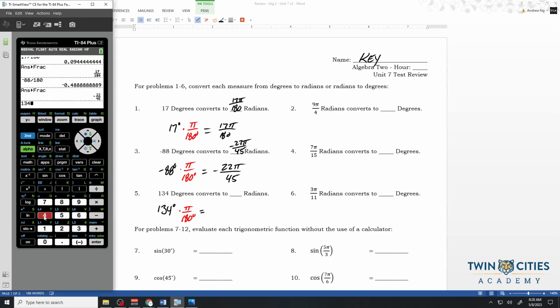Lastly, 134 divided by 180, ignoring the pi again, gives you this decimal. Math, enter, enter. So this will be 67, put the pi back in, over 90.